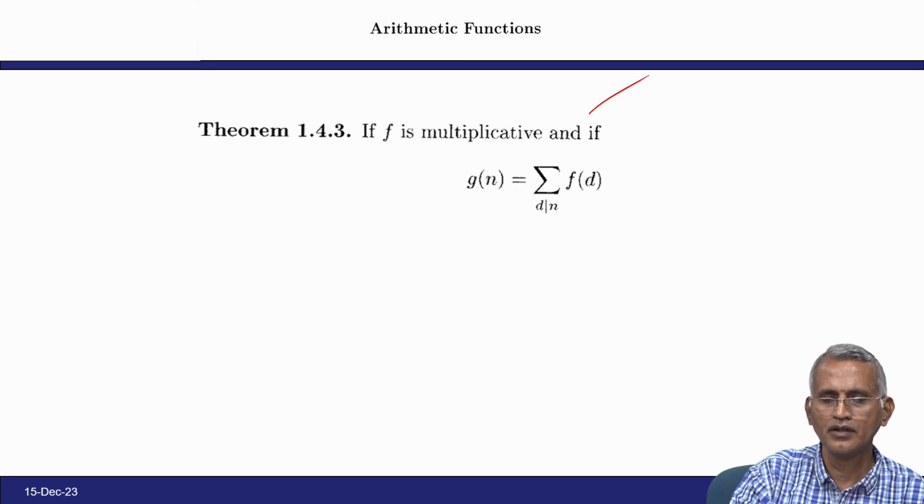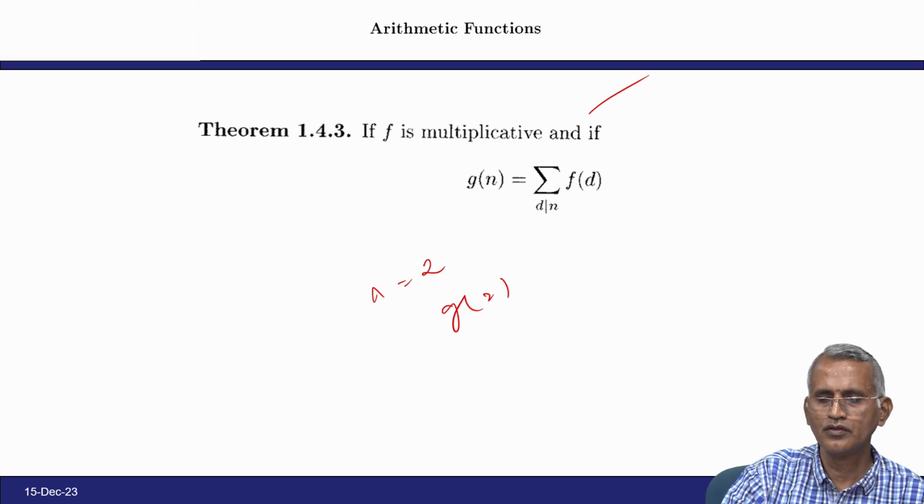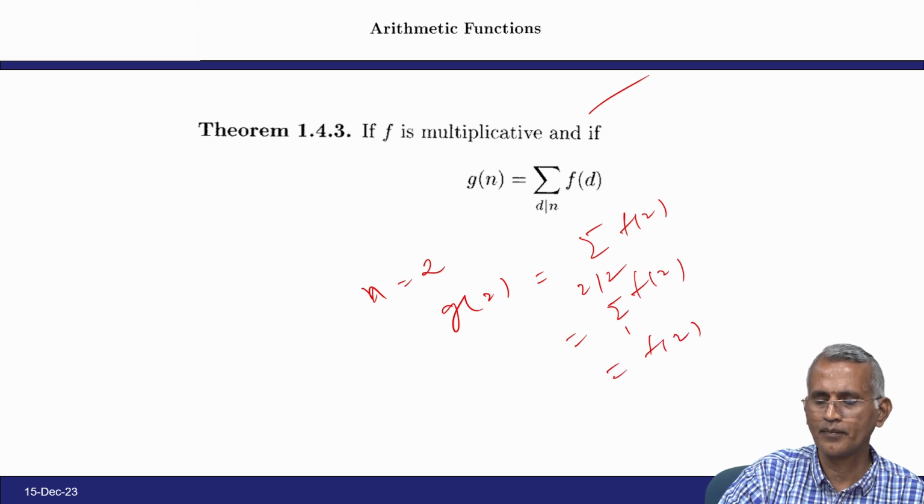So, for example, you take n equal to 2, then g of 2 is equal to the summation over d dividing 2 of f of d. This is 1, therefore, f of 2 is f of 2 only.